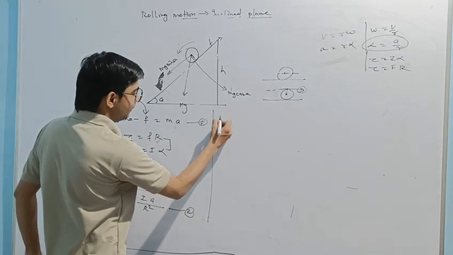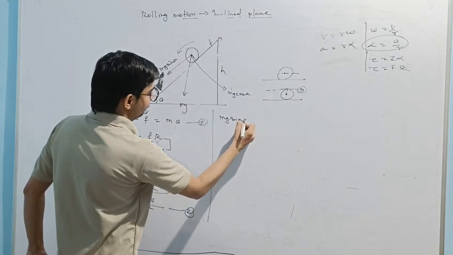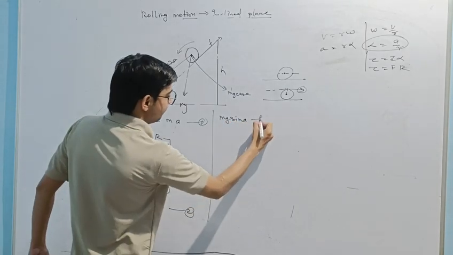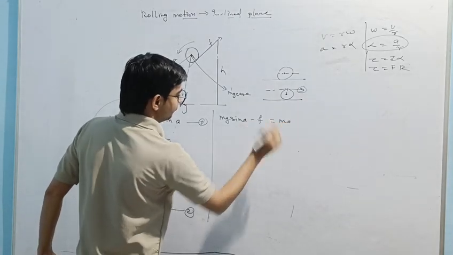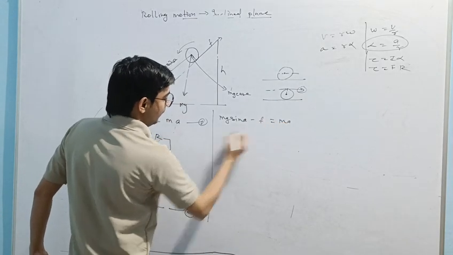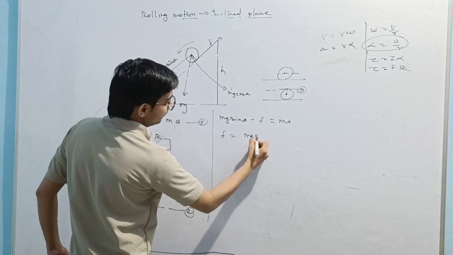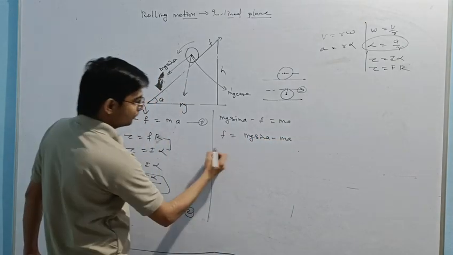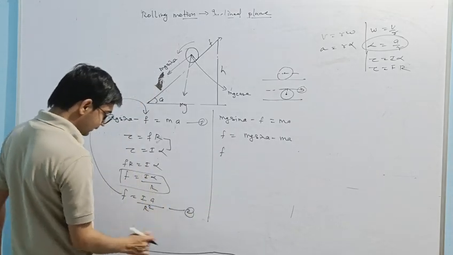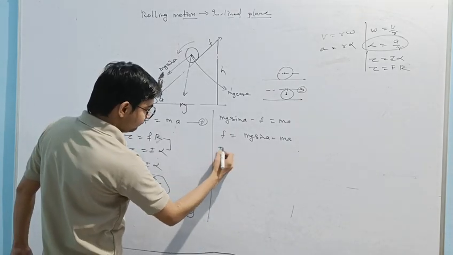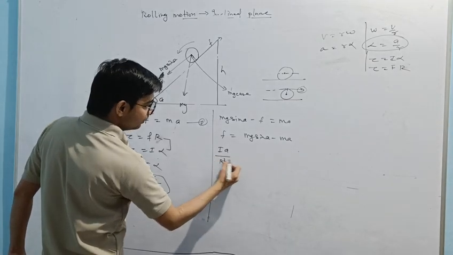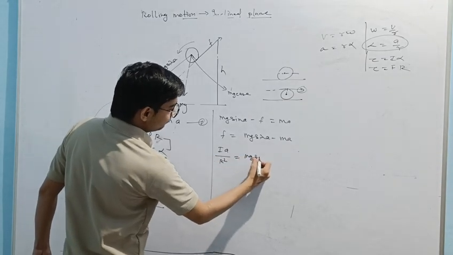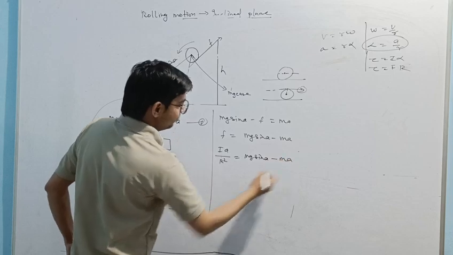What are you getting? mg sin theta minus F equal to m into a. So F equal to mg sin theta minus ma. Alright. F equal to, what is F? Ia upon R square is equal to mg sin theta minus ma.